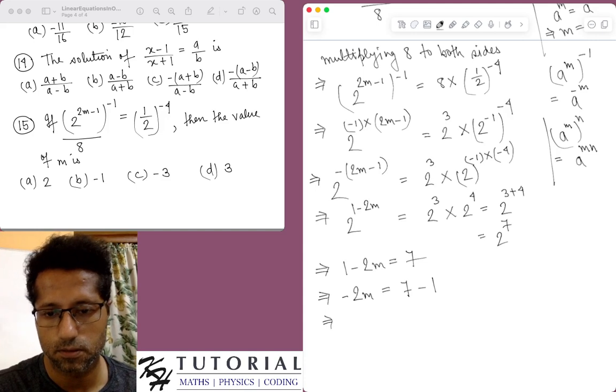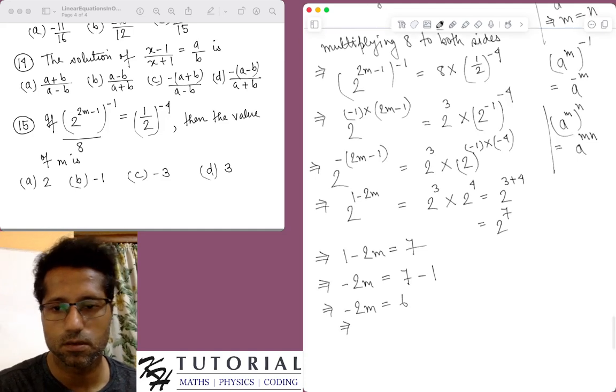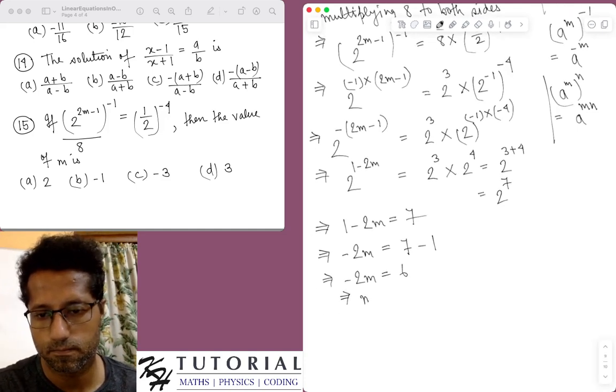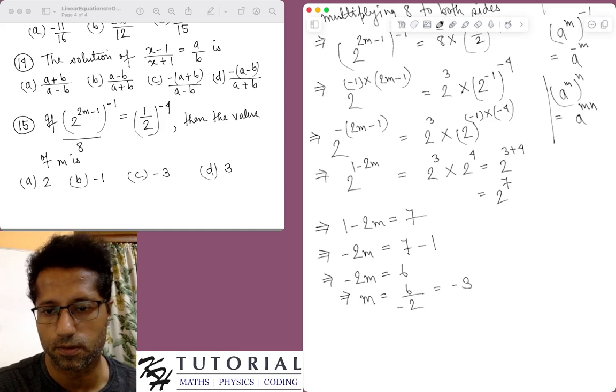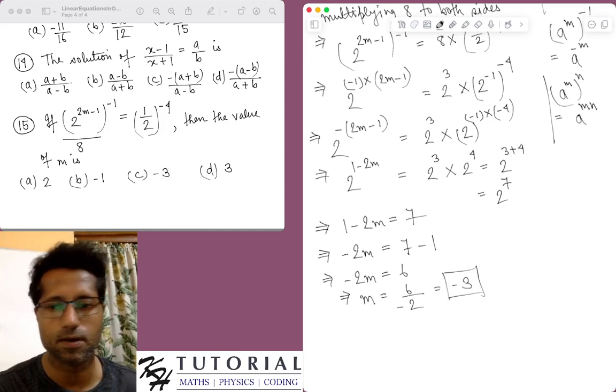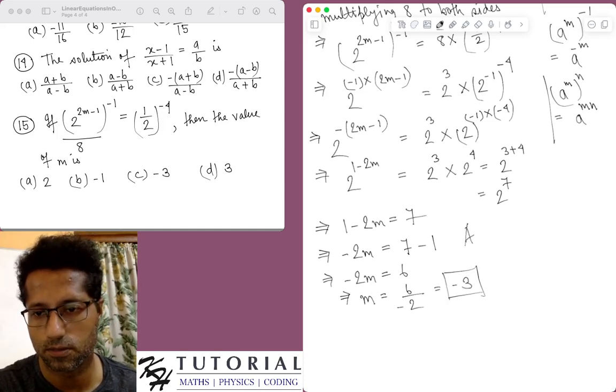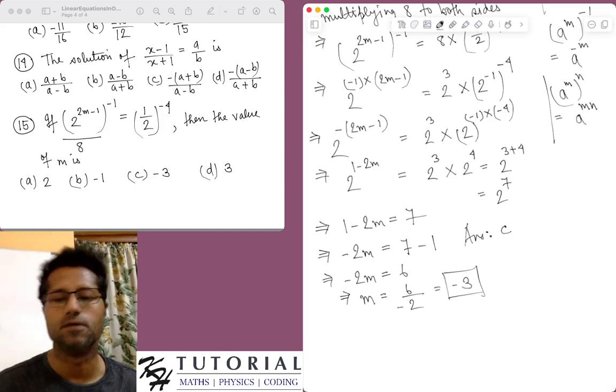This implies minus 2m equals 6. This implies m equals 6 by minus 2. This is minus 3. So m is minus 3. So the answer is choice C.